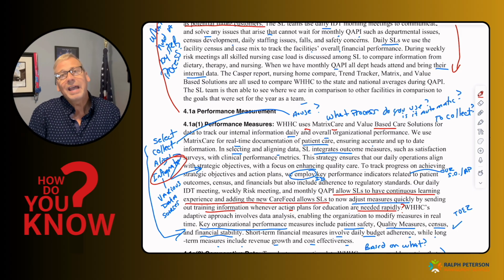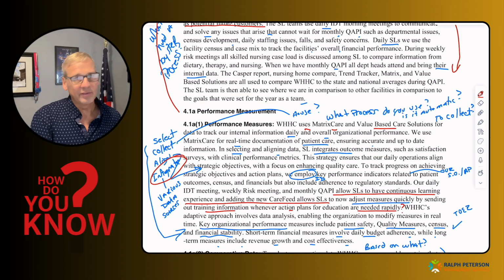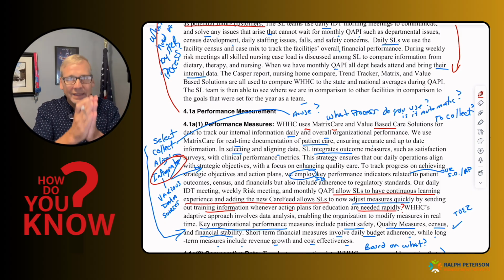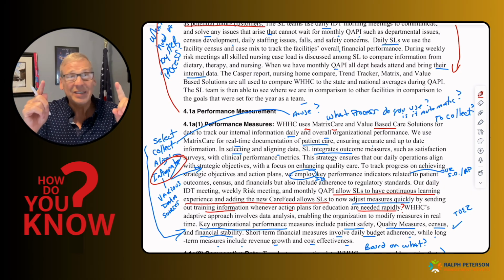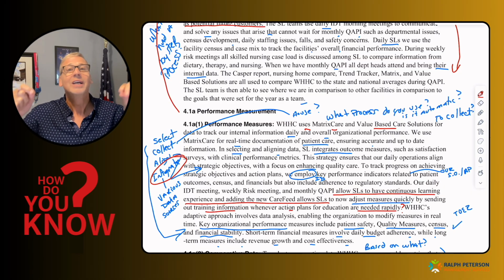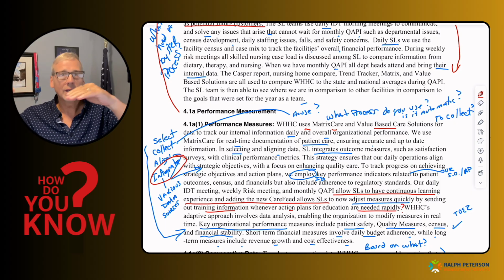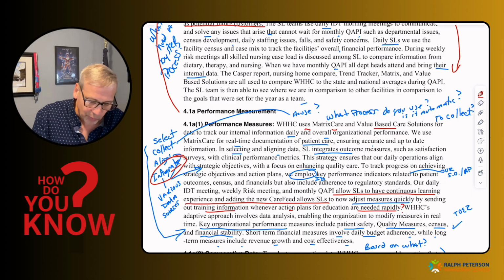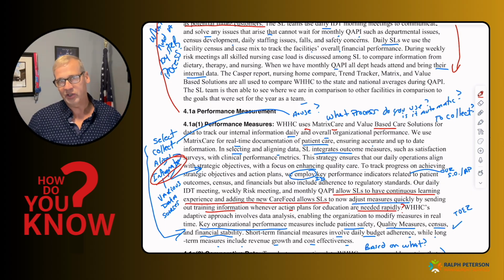So if you just gave us a little bit of explanation, in addition to the brand name, you could say, we use a service called Matrix Care and a service called Value-Based Care Solutions to help us collect and track all of our data in one place. Now, if you're using them to collect your data all in one place, that'd be good. That is what we're asking when we're asking about integration.